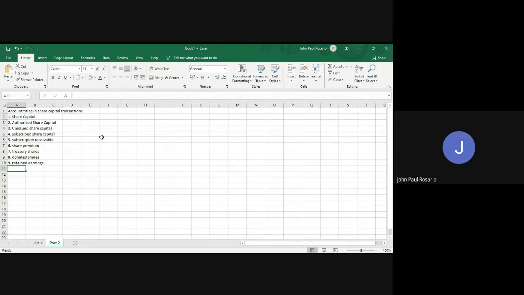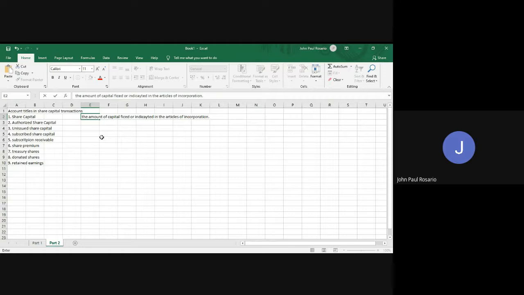For your share capital, this is the amount of capital fixed or indicated in the articles of incorporation.